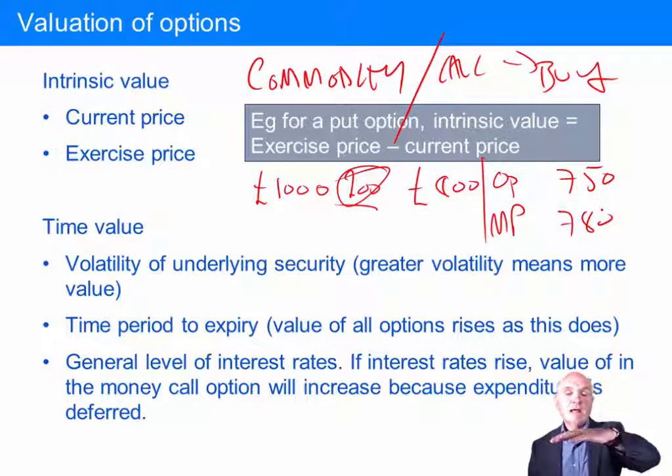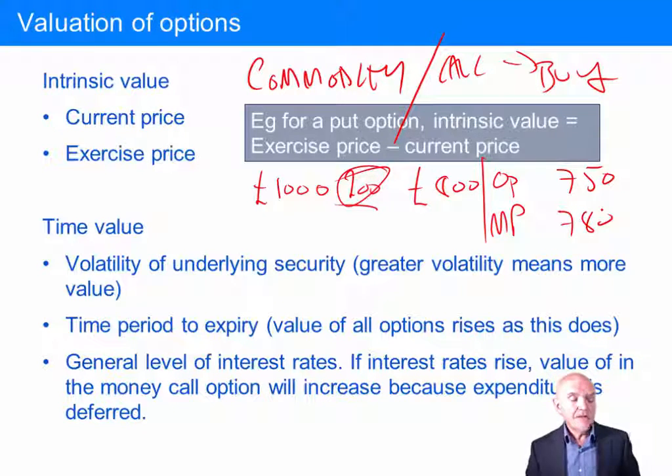Whereas if you were looking at a commodity which hardly ever moves there, why would you buy an option at all? You're only kind of insuring against a very remote possibility of a movement there. So the insurance for very volatile options is going to be worth more than insurance for very stable commodities.